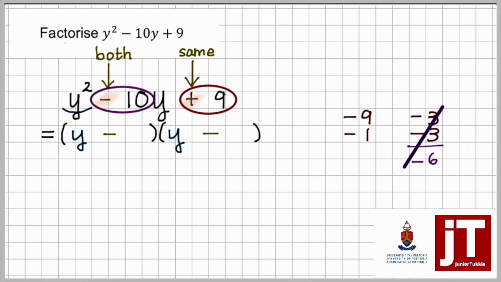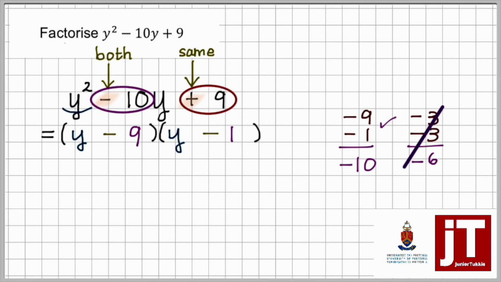Therefore, this set of factors is not going to work. We can now take a look at the other set of factors, negative 9 and negative 1. And that does produce the negative 10. So based on that, we write a 9 and a 1 in the sets of brackets, as you can see displayed on your screen. The order here does not matter because we have negative signs in both sets of brackets.